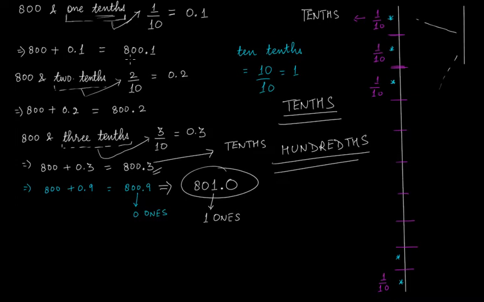We have reached this point, but we have seen 800.1 also, 800.2 also, 800.3 also, 800.9 also, and I showed you how we reached this point, 801, and how it shifted to the place of ones. Why? Because now we have a total of 10 portions. Now you have 801.0, that is, you have 0 tenths.